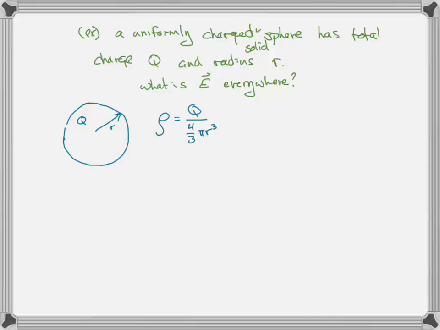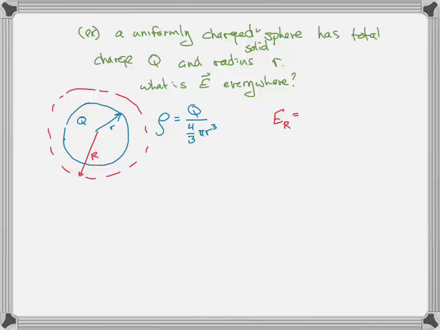Let's just think about what is the field outside of that sphere, at any radius r. So what is the field at r? Well, it just looks like a point charge, right?